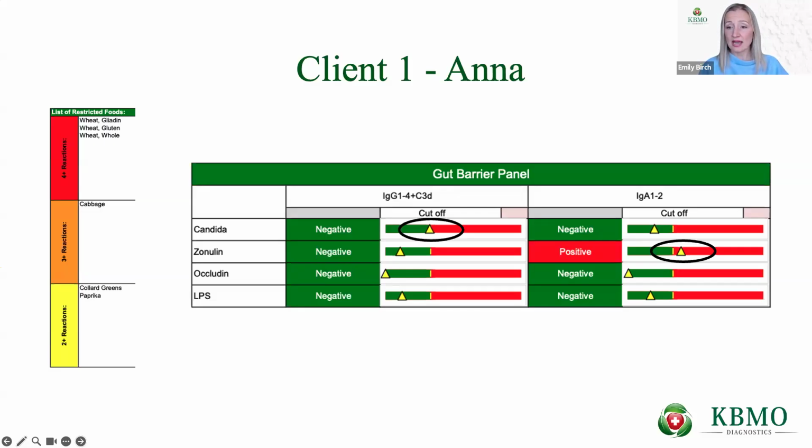This is zonulin antibody as detected by IgA antibodies, and these IgA antibodies indicate short-term immune activation. So the way we describe this is the warning signal. We have the start of a little bit of an issue here, and if we don't get on top of it, then we may have a bigger issue.